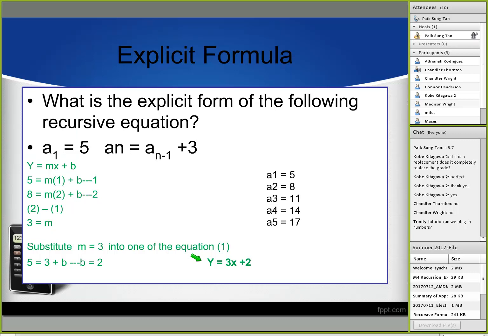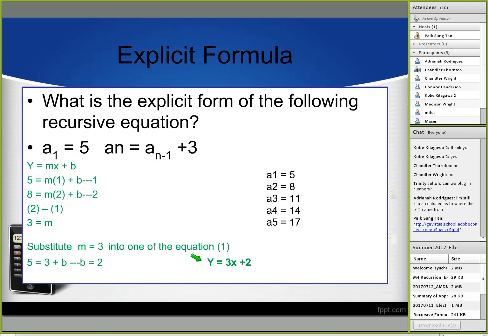Yes. So Trinity has an idea. B equal to 2. So Adriana, you understand where I get m equal to 3, right? Okay, so now since m equal to 3, I plug m equal to 3 back into the first equation here.